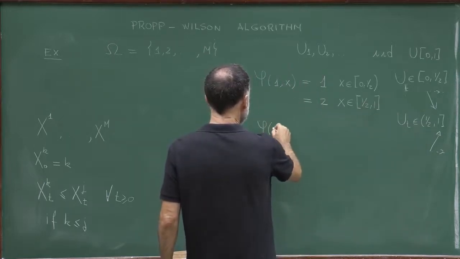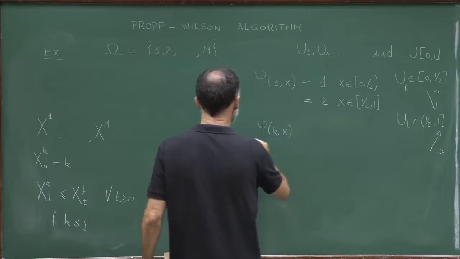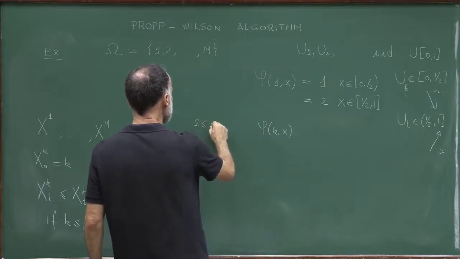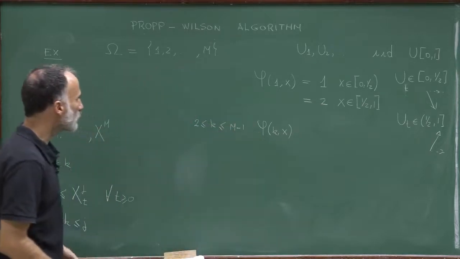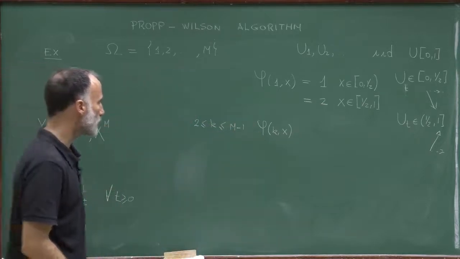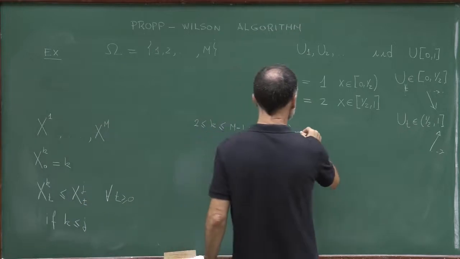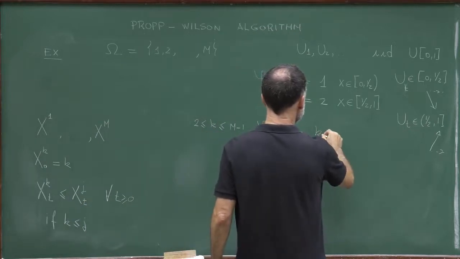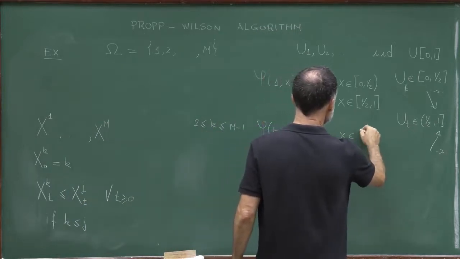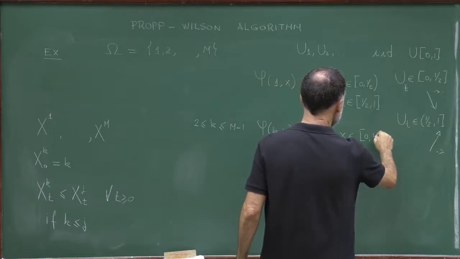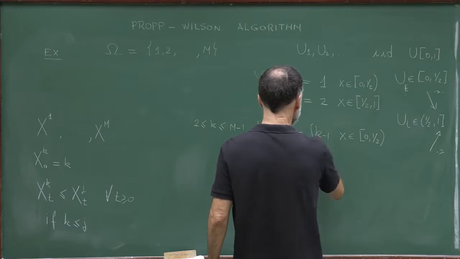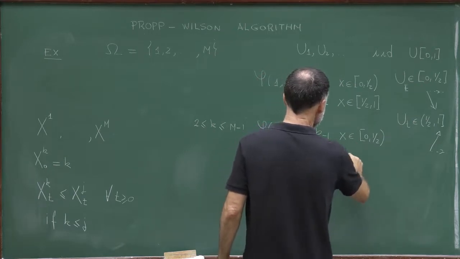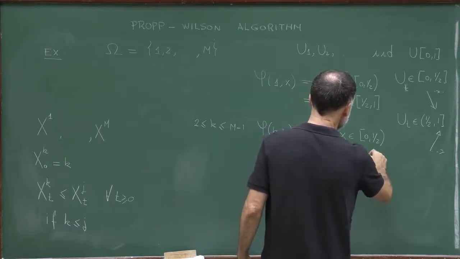For phi_k(x), with k running from 2 to m minus 1, this chain can always jump by plus or minus 1, so it will be equal to k minus 1 if x belongs to 0, 1/2, and equal to k plus 1 if x belongs to 1/2, 1.